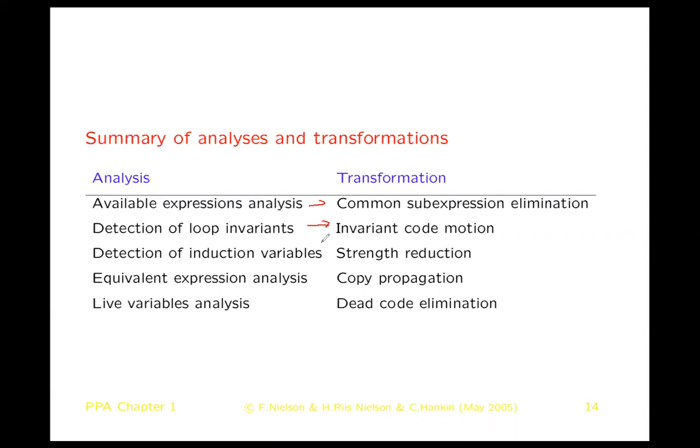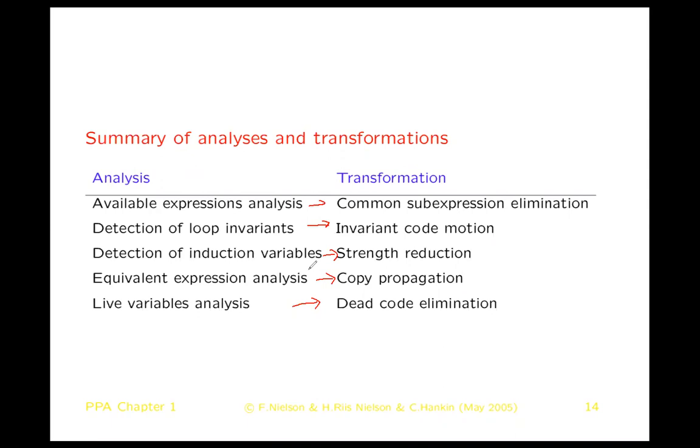Then the detection of induction variables analysis pass, and the associated transformation pass is strength reduction. Similarly, we have the equivalent expressions analysis pass, and the associated transformation pass is copy propagation. And finally, we did live variable analysis and the associated transformation pass, dead code elimination.